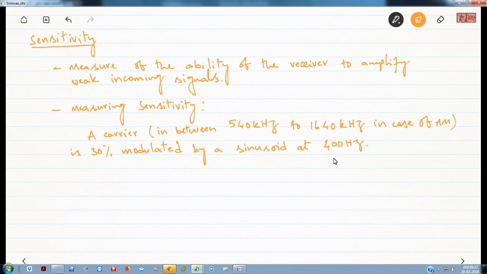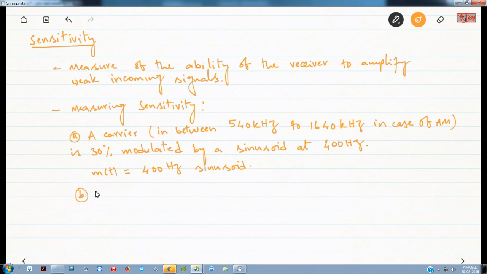Here the baseband signal m of t is a 400 hertz sinusoid, and it is used to modulate a carrier, with the percentage modulation maintained at 30%. So this is step 1.